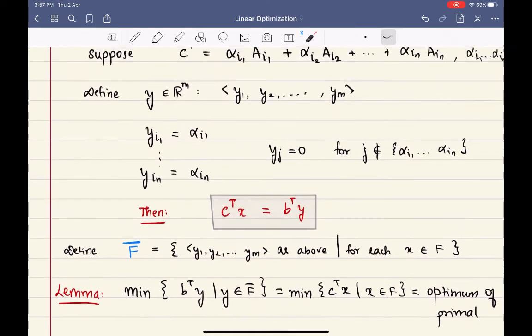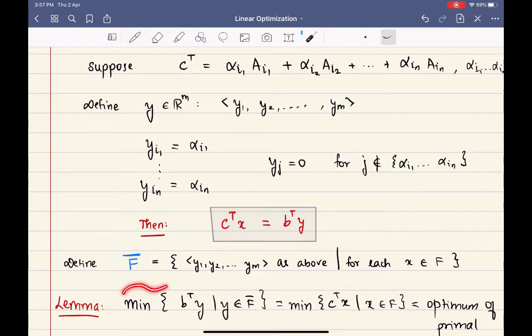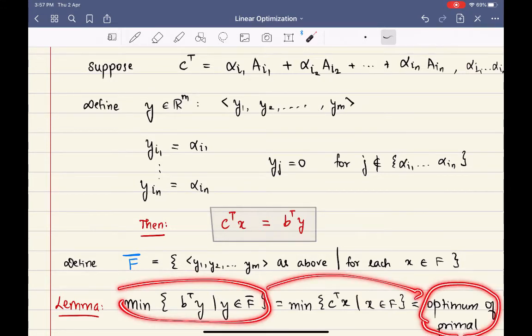So what do we have? The least value of B transpose Y among Y in F bar is the same as the minimum over C transpose X for X in F. This comes from here. And from the previous observation, the least value of C transpose X among X in F is going to be the optimum of the primal. So what we have is this equals this.